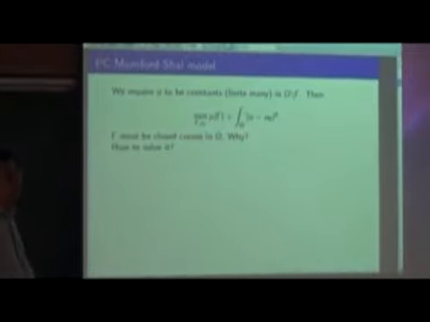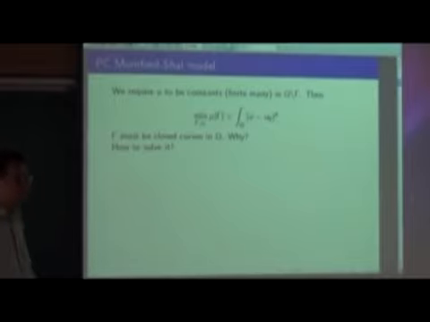Here you require U to be very, very regular, and in this case gamma must be closed curves. Why must gamma be closed curves? In the original Mumford-Shah, gamma can be any curve: open, closed, or self-intersecting. But if you require U to be piecewise constant, the curve must be closed.